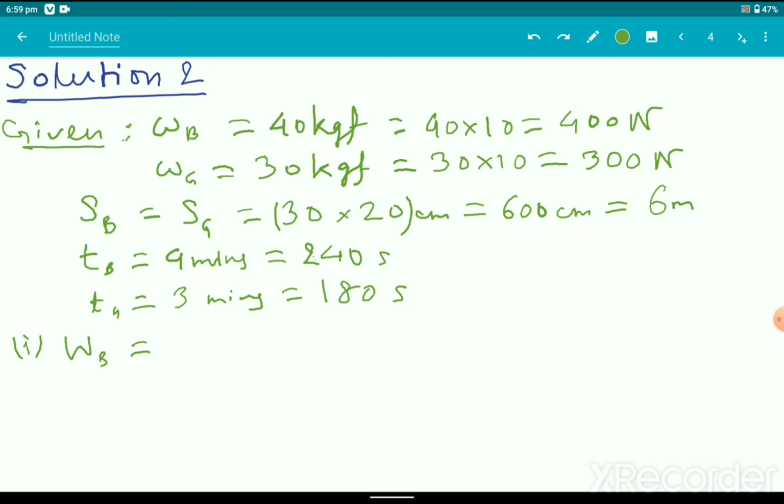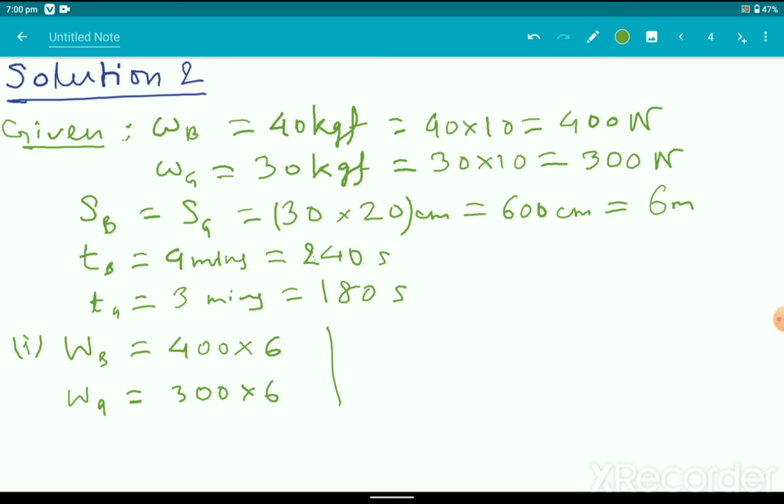So work done by the boy will be force into displacement. Force applied has to be 400 Newton, so 400 into displacement 6 meter. Work done by the girl will be 300 Newton into 6 meter.